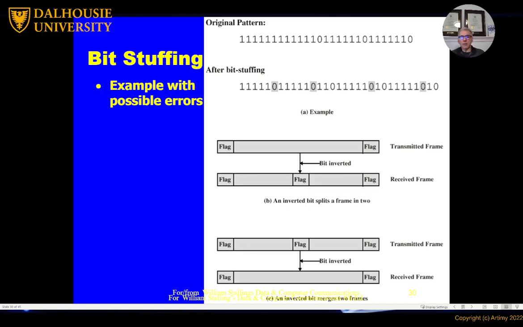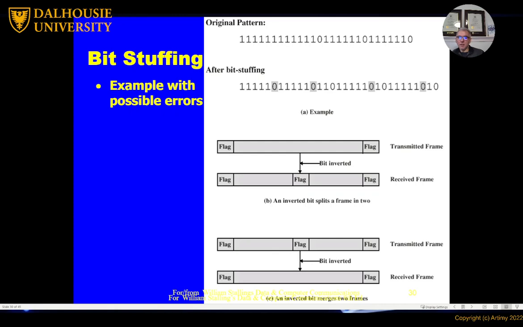So the receiver will do the same thing to retrieve the original data. It will start looking at the sequence and say, okay, I have 5 ones, so there must be a 0 after that. If there is a 0, I will remove it and continue. If there is no 0, then there are two possibilities.